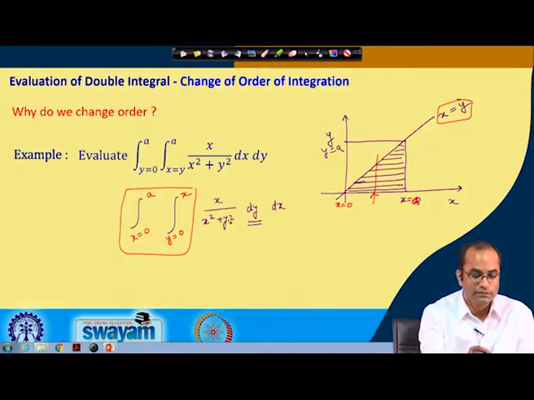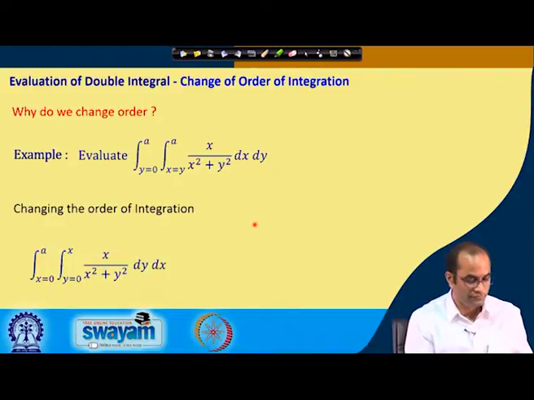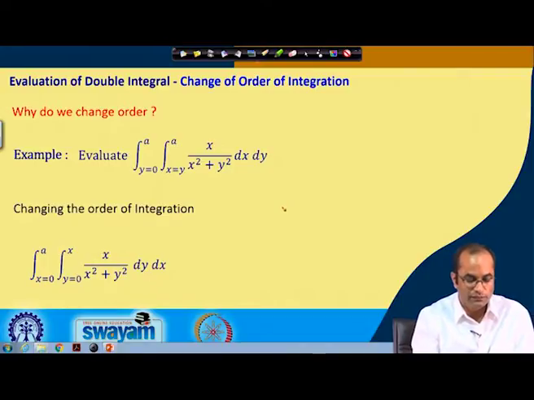So, after changing the order of integration, y goes from 0 to x and x goes from 0 to a. While integrating the inner one first, we fix the outer one, x from 0 to a, and for the inner one we can integrate now.